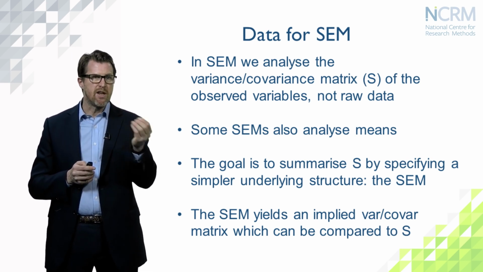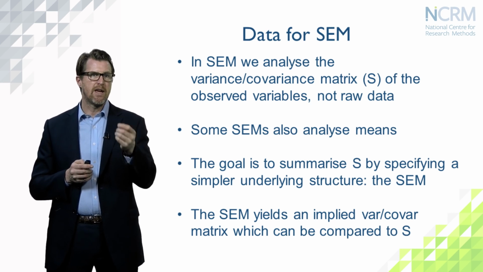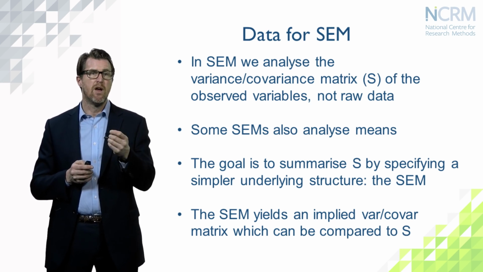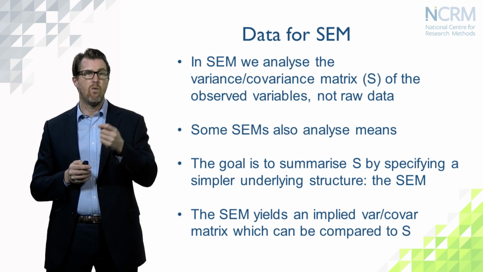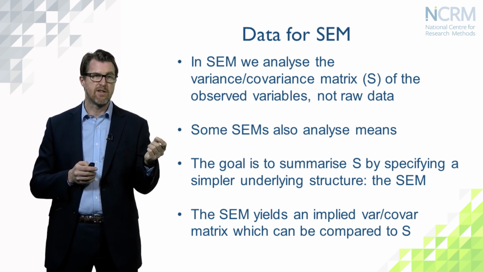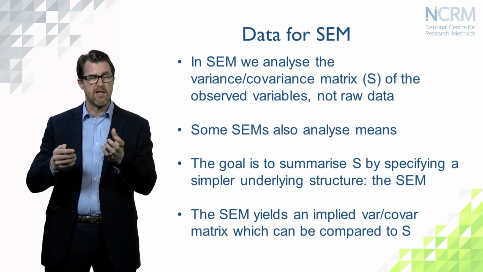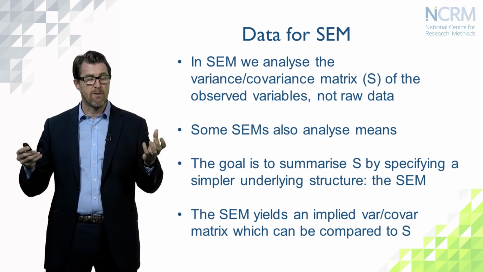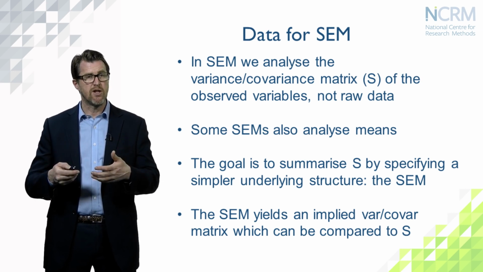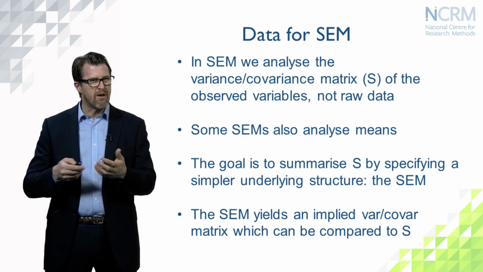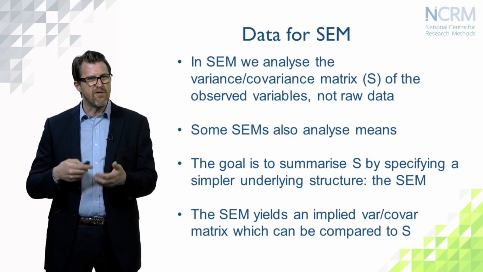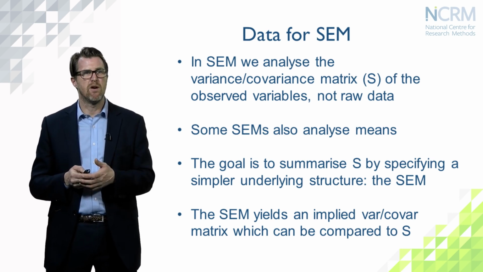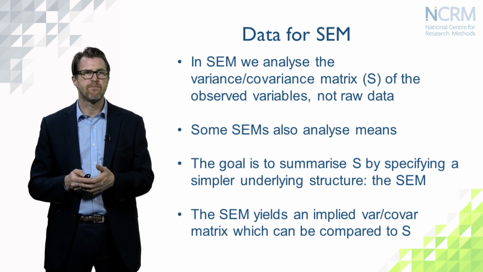That comparison, if it's done properly, can tell us something useful about how well our model is accounting for the data. To the extent that the implied and the observed matrices differ, then our theory, our structural equation model, is not doing a very good job of telling us how this data were generated.